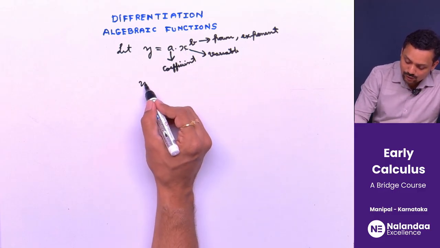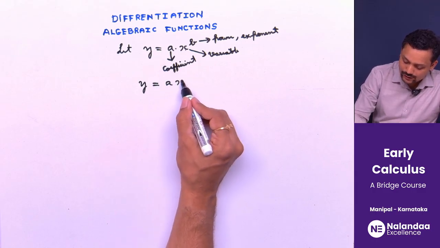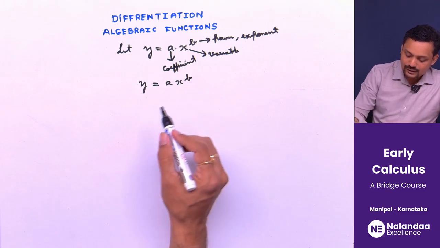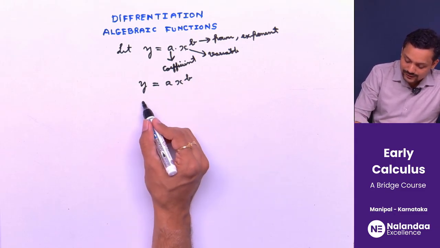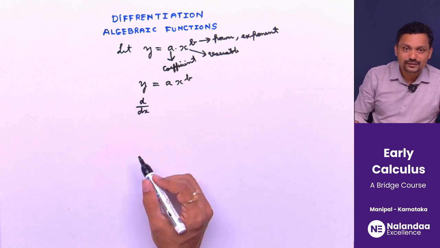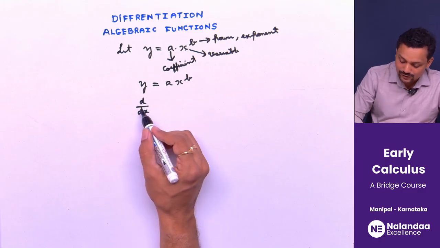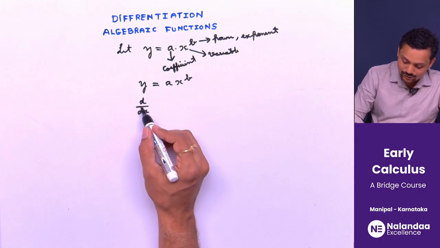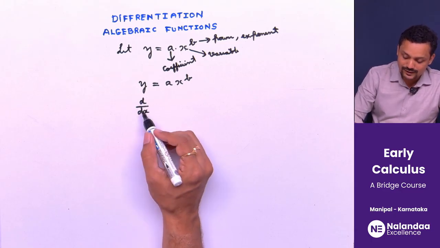Now if you have again this function y is equal to a into x power b, the derivative of this function a x power b is denoted by the symbol d by dx, where d is called derivative with respect to x.